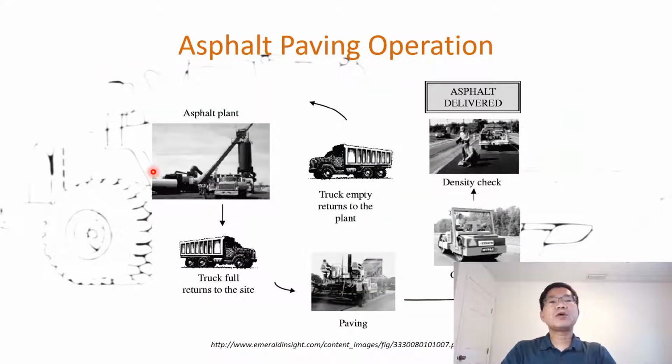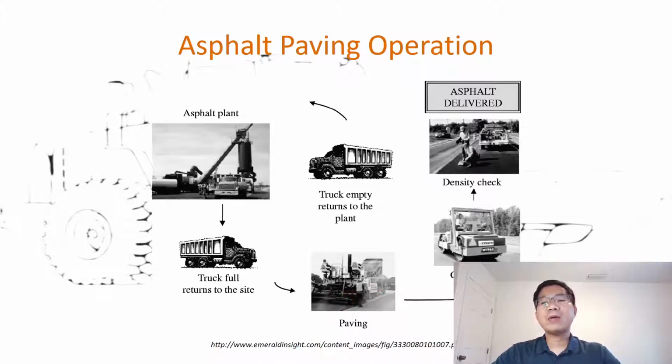In terms of the operation of asphalt paving, this process shows a whole cycle of the operation. First, we need the material, the asphalt from the plant, and to carry that we need a truck. It is loaded to the truck, and then the truck will carry the asphalt to the site, to the road that needs paving, and then we'll have an asphalt paver to pave the asphalt.